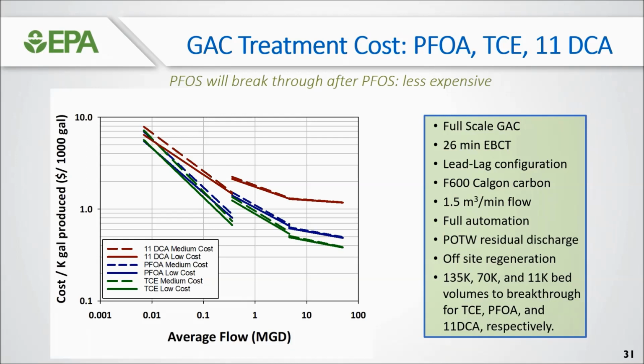Here's another plot from the cost models looking at costs. But in this case, we're doing costs per 1,000 gallons of water treated. And the red line above is the cost for the removal of 1,1-DCA, which is dichloroethane. That contaminant is kind of on our verge of what we consider cost effective for GAC. So anything with a cost above that, we generally rule out pretty quickly.